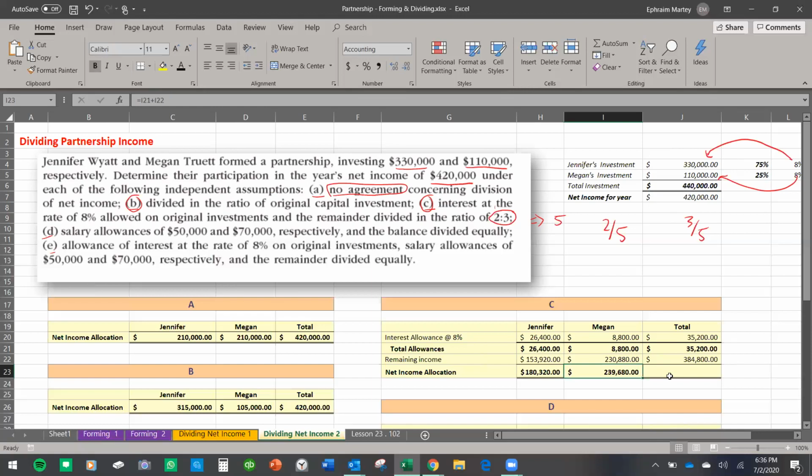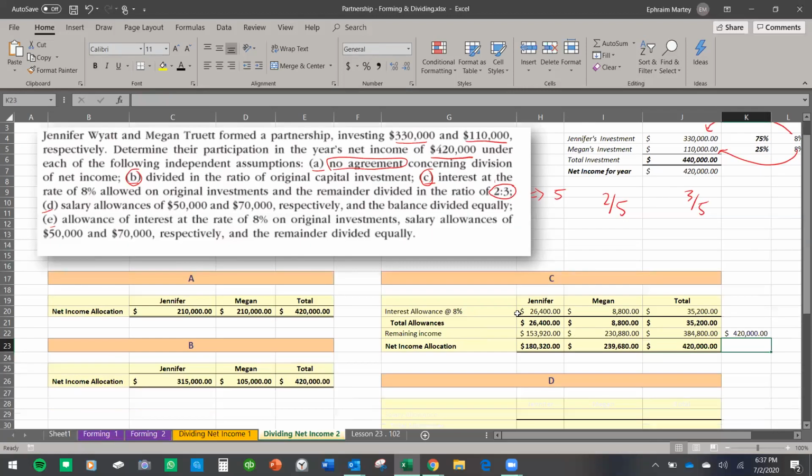If it doesn't, then something is wrong. So we add these two together, and that gives us 420,000. If we add these two together too, that should also be the same number. So this plus that is also 420,000. So no matter how you do it, as long as you do it right, you're going to get the correct number. Good. So let's move on to D.